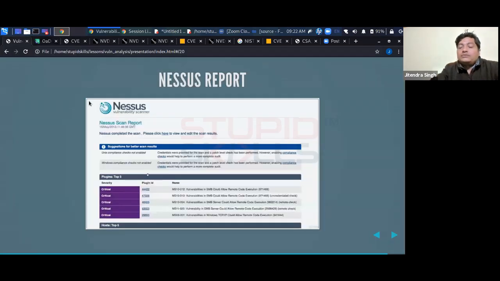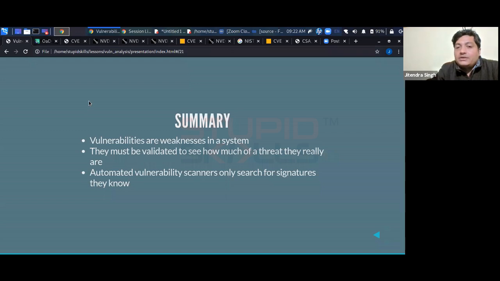This session covered various approaches, the types, and the classification that is done. In summary, again I would say vulnerabilities are like weaknesses in a system, and these tools that you are using might give you some false positives also. They will never actually test unless it is some kind of pro tool which has the inbuilt capability of simulating the attacks.